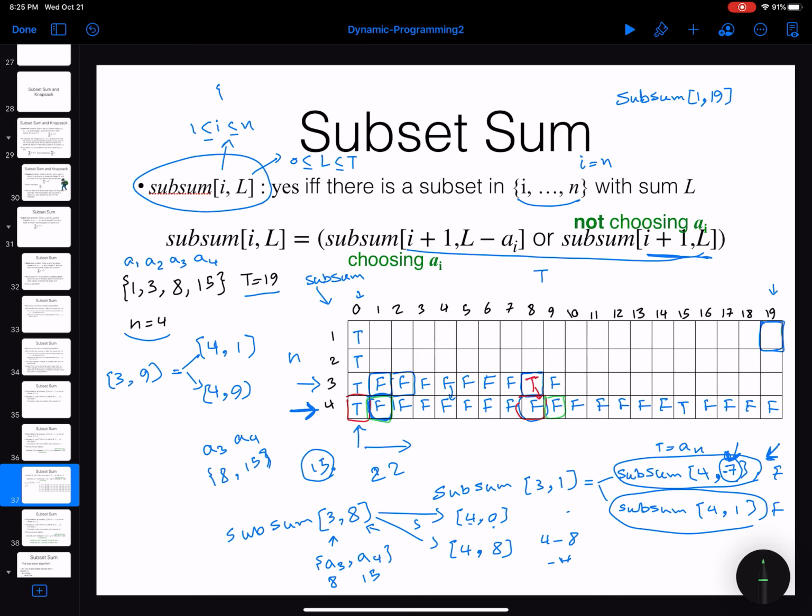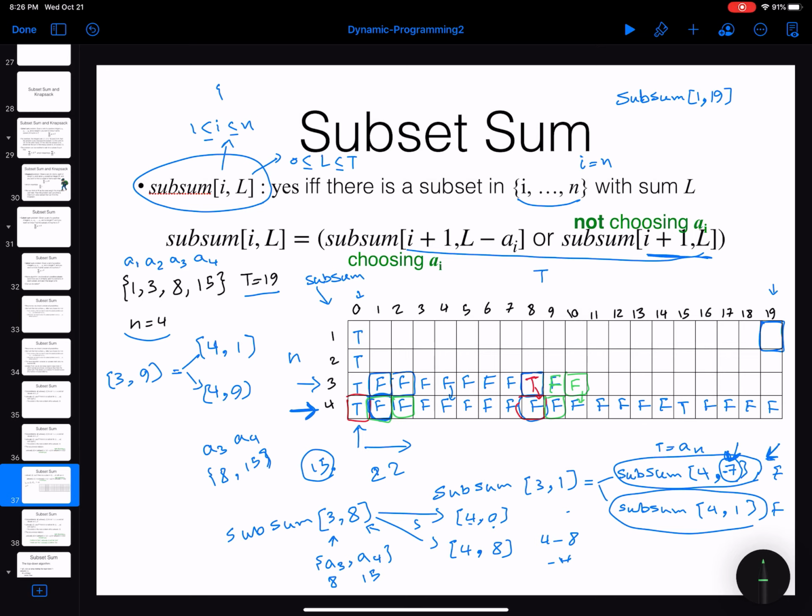Both of them are false. So the answer, of course, here is going to be false. Or for example, for this case, you are looking at either this answer or 4 and 2, which is here, which is again false. So the answer here is going to be false.